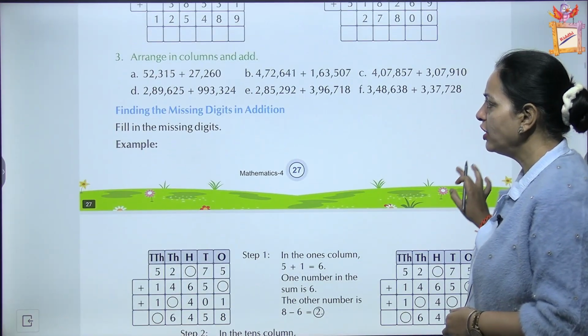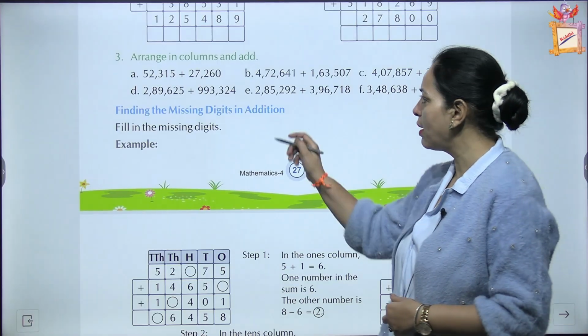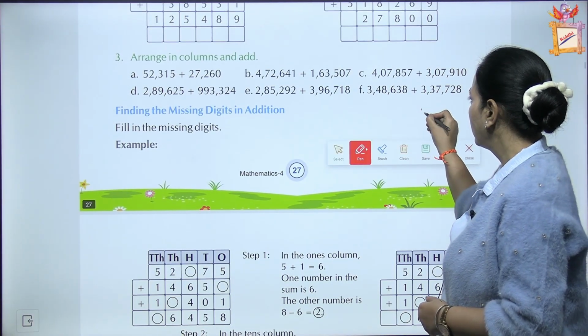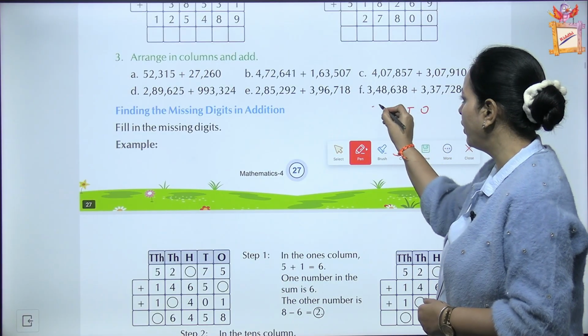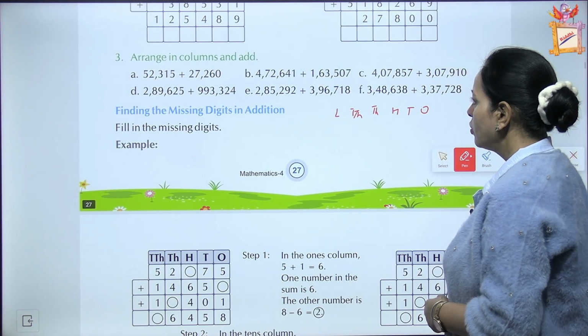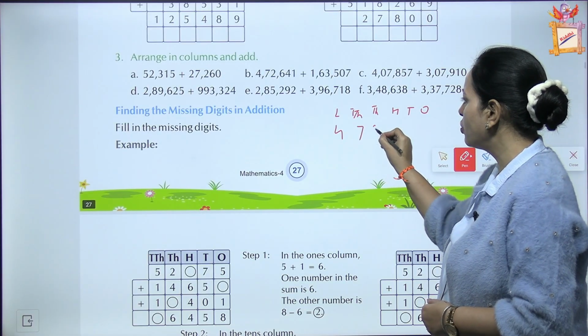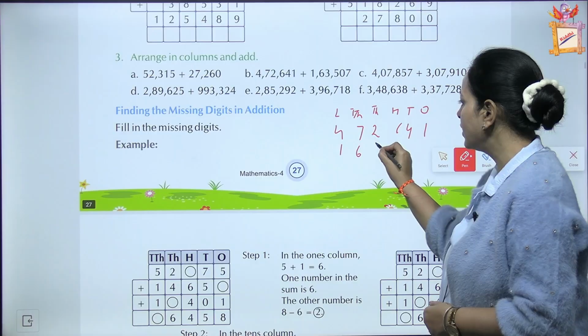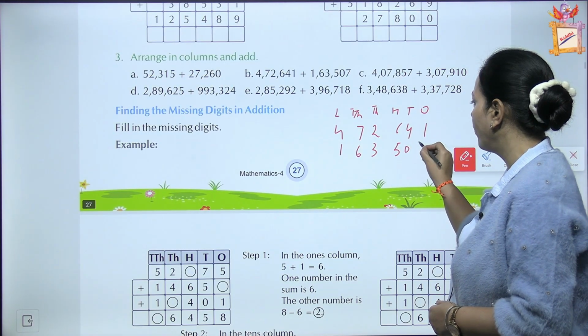Now third one, arrange in columns and add, like B part here. So first write ones, tens, 100, 1,000, 10,000, lakh. So here 4,72,641. Then 1,63,507.